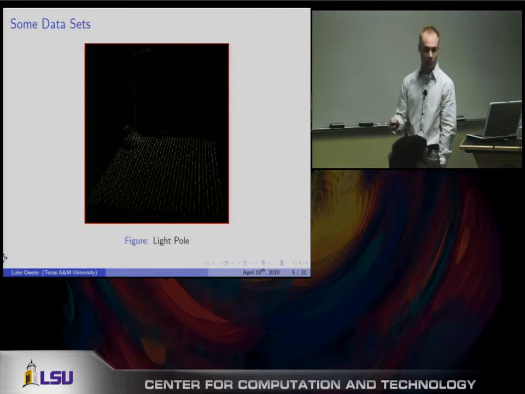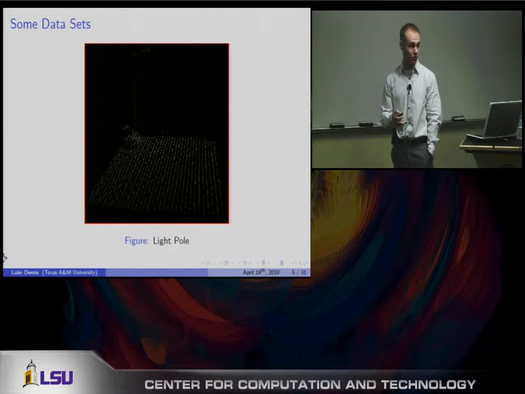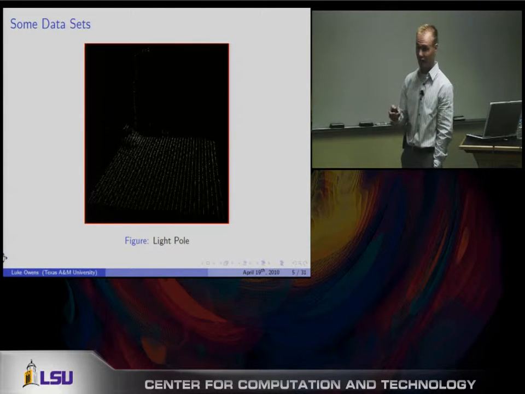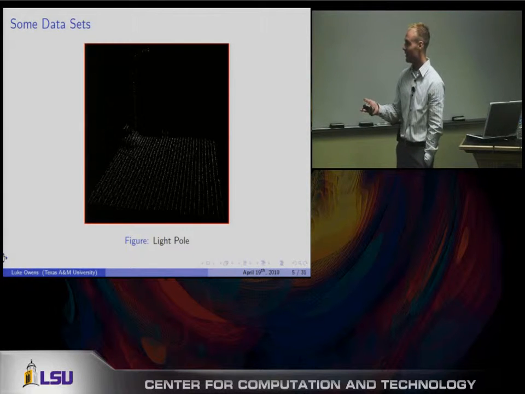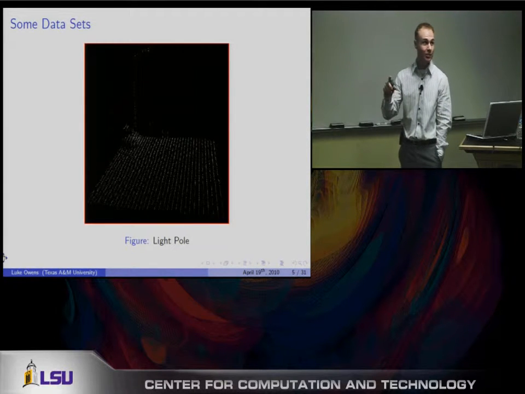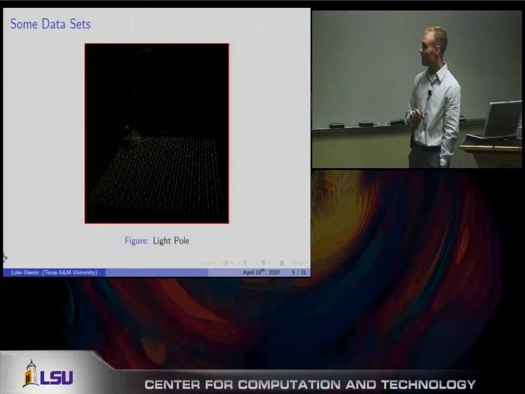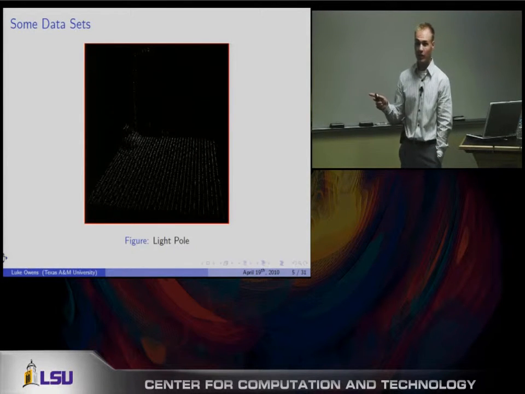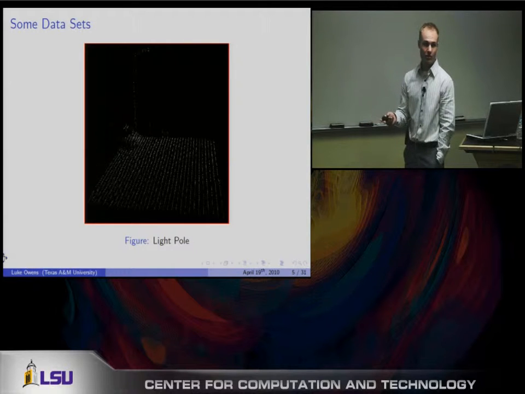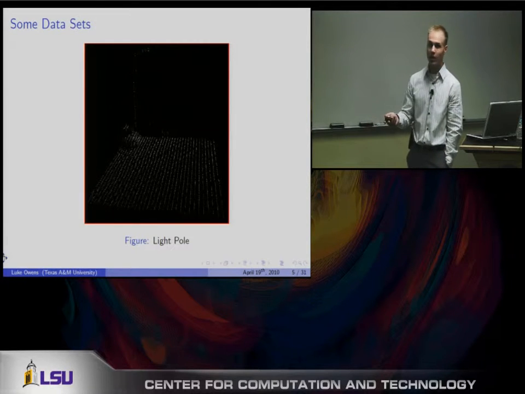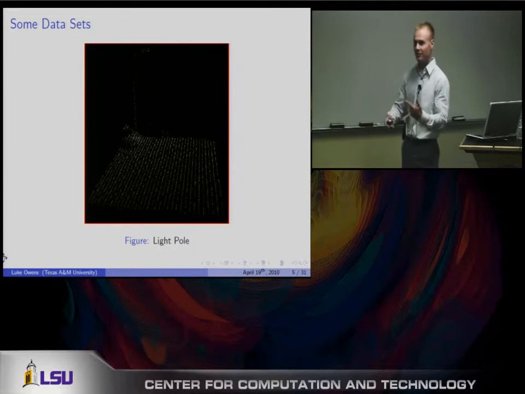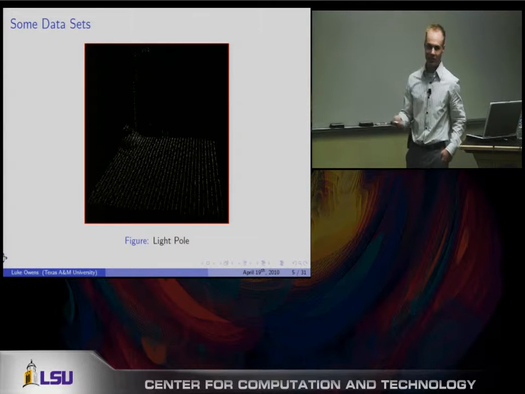All right, so the fact you can't see the light pole sort of shows you how difficult this light pole is to fit, right? There's very few points here. The points are a little bit noisy. So we don't do a really good job at fitting this light pole yet, but the data set is limited; we're good, but we can't do magic here, right? We need some data to actually fit it.